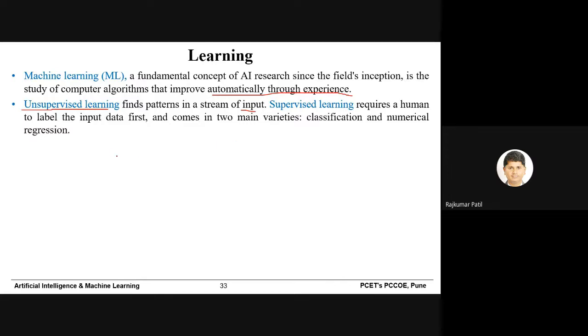For example, if there is a dog and there is a cat, your machine learning algorithm is trained for the different patterns of the dog and different patterns of the cat, and based on that pattern the machine learning algorithm can make a decision. In this case the data is not labeled, so it will not know that this is a dog and this is a cat, only it knows the pattern.